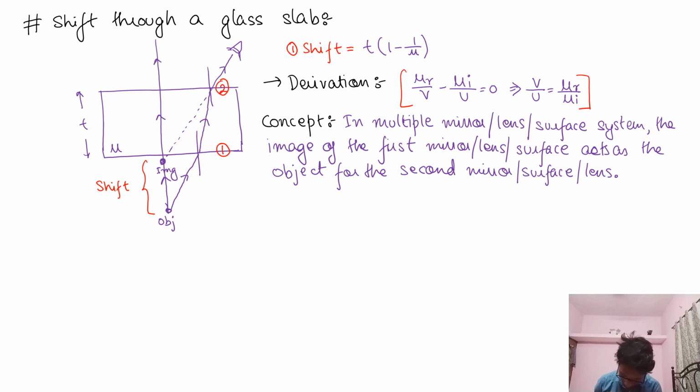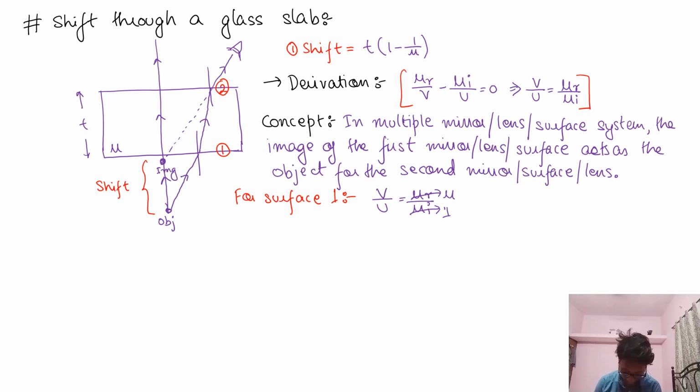For surface 1, we apply this formula: v by u is equal to mu R by mu I. Out here, mu R is the refracted ray's medium, which is glass, so mu R is mu. Mu I is the medium containing the incident ray, which is air, so mu I is equal to 1.